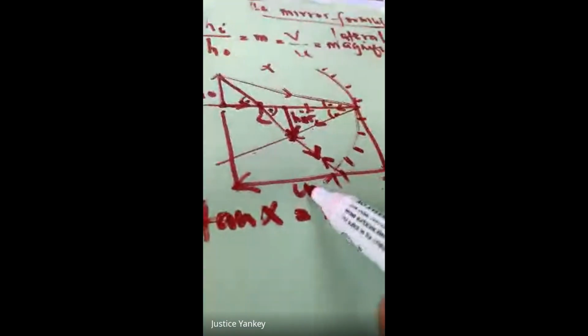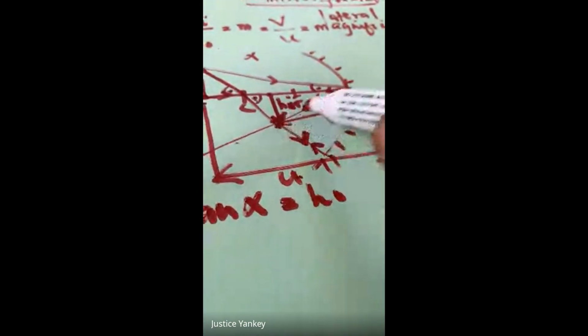But let me also indicate the distances here. If the object is here, then this distance is u, the object distance.